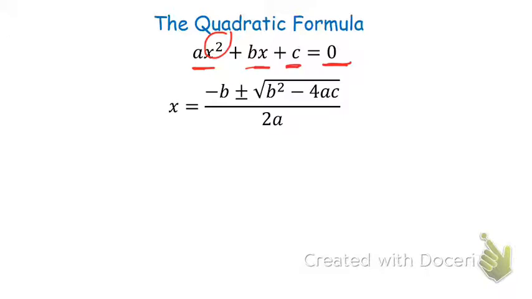If you have that, then the solution for x will be negative b, where b is the number in front of the x term, plus or minus the square root of b squared minus 4ac. A is the number in front of the x squared. C is the constant, all over 2a.